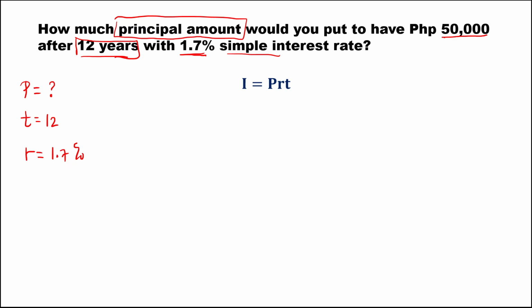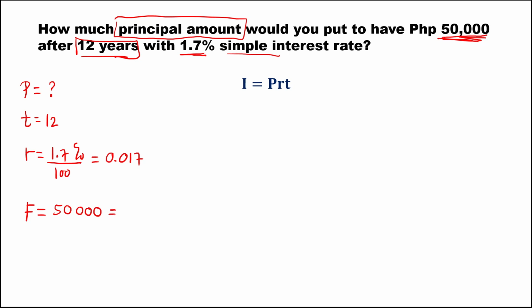We need to convert this to a decimal, so divide by 100, and this is equal to 0.017. Then for the 50,000 pesos, this is the future value or the targeted amount, and the future value is equal to 50,000 pesos.